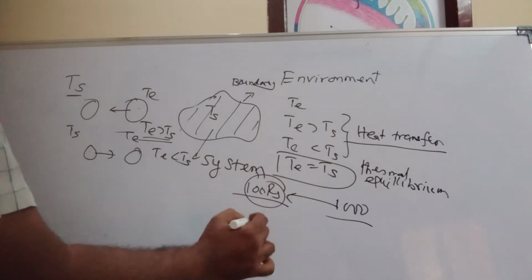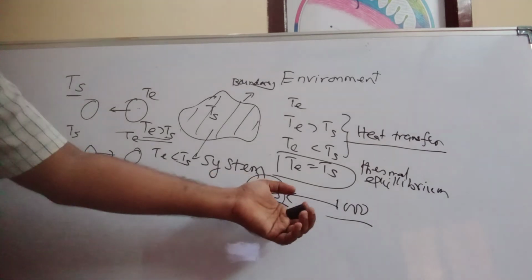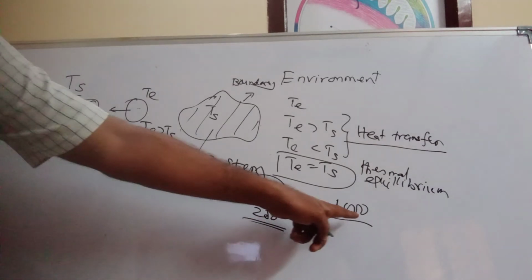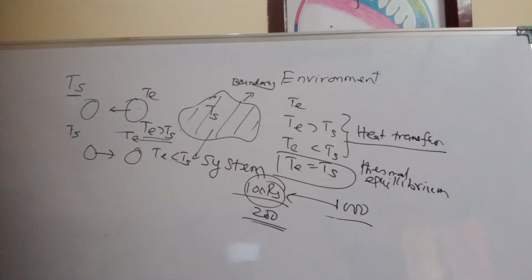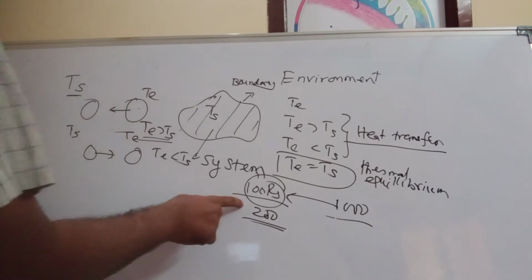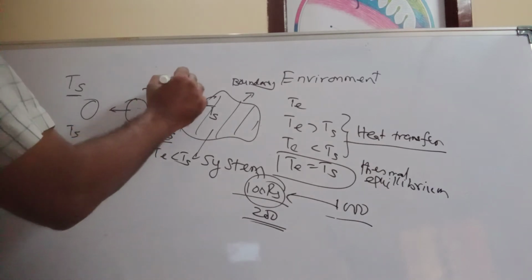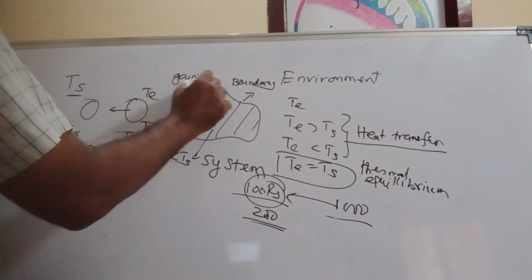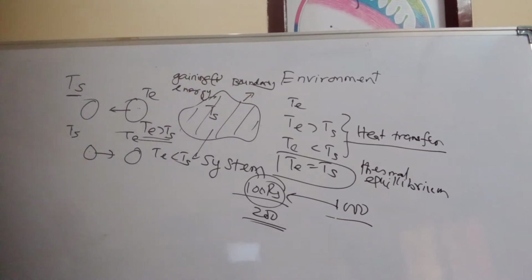What happened? This 100 became 200. So work is done on the system. Heat is given by the environment to the system. Will you call this a positive work or a negative work? It is the system gaining heat. Here this person is gaining money. Here this system is gaining heat, is gaining energy basically. You can call this as positive.